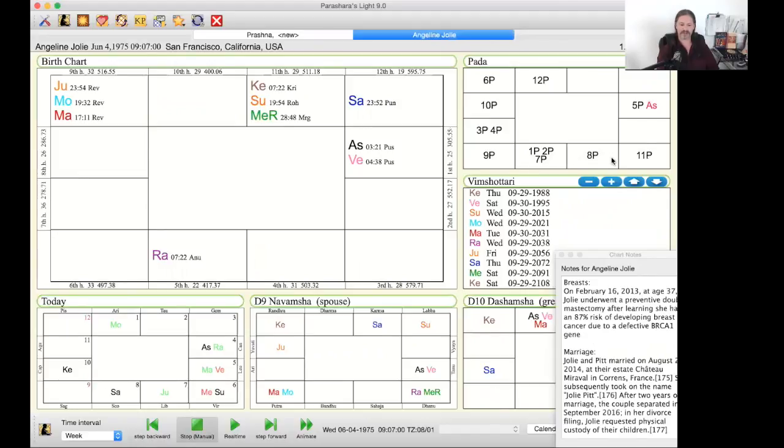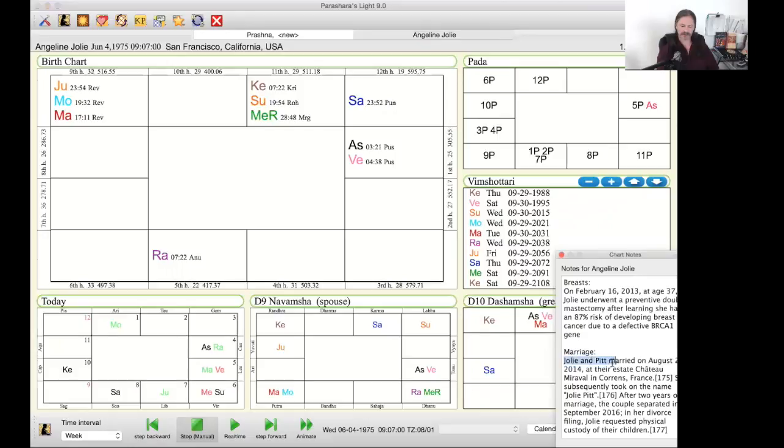Saturn goes over that at that time in her fourth house, and she electively removes her breasts, basically destroys her breasts. Eighth house of destruction. Very powerful. Then next, Saturn goes into her fifth house and over the first and seventh house padas.